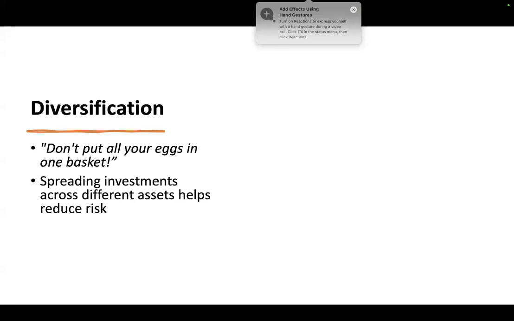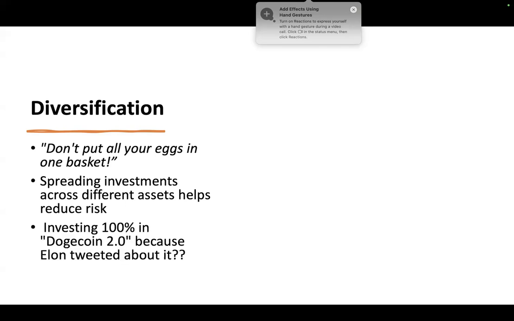This is something that we are going to talk about over and over in this presentation: how spreading investment across different assets can reduce the risk. Imagine this, investing 100% of your money in Dogecoin because Elon Musk tweeted about it. Is it a good idea? I don't think so.